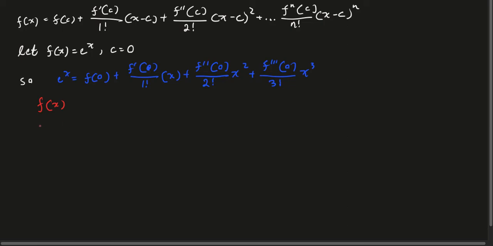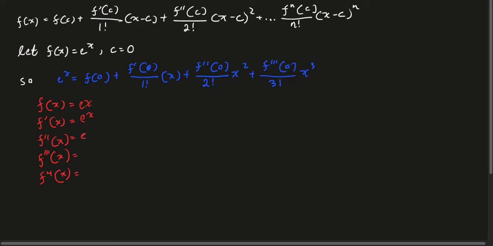For this, it's going to be f of x, f prime of x, f double prime of x, f triple prime, and f to the 4th. And this is going to be a lot more simple, since all of these are actually going to be e to the x.